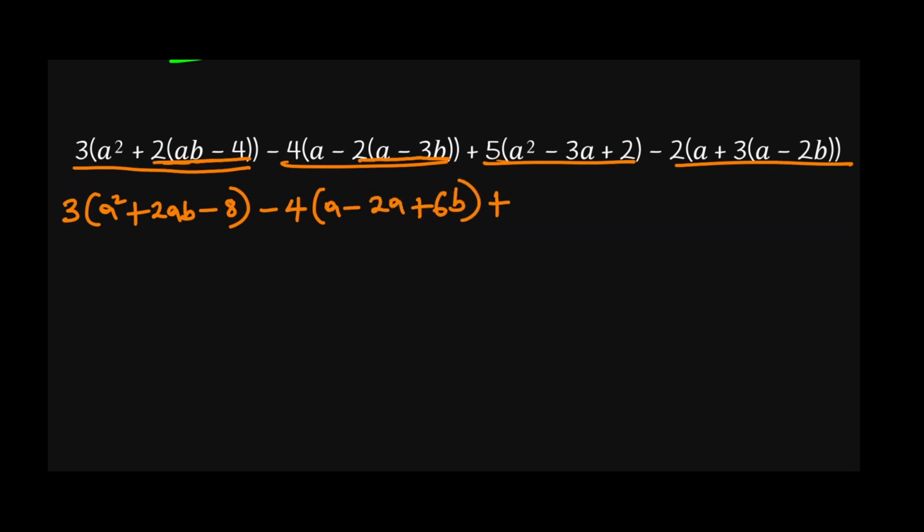Plus, then we expand this fully. 5a squared minus 15a plus 10 minus 2 into a plus 3a minus 6b. That is expanding just this part here.